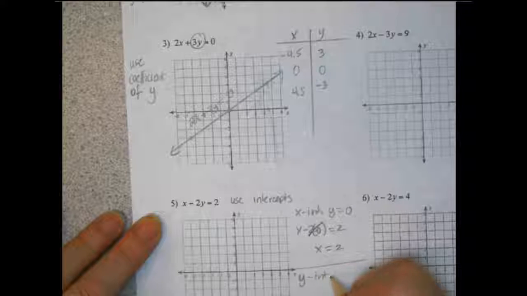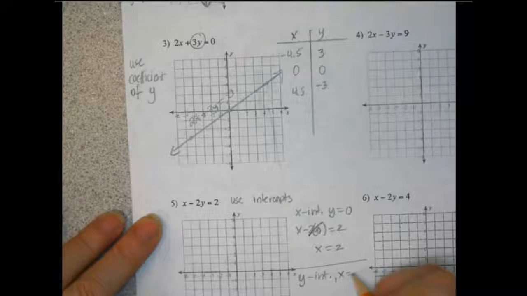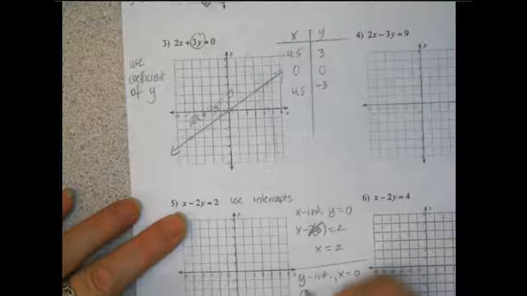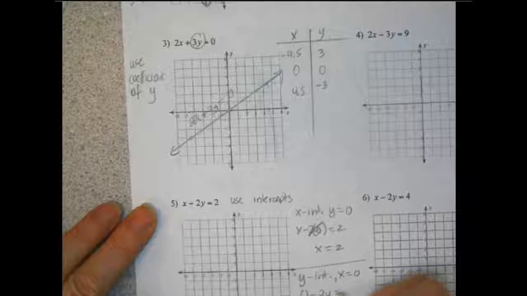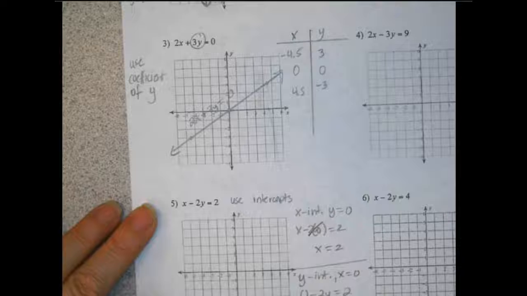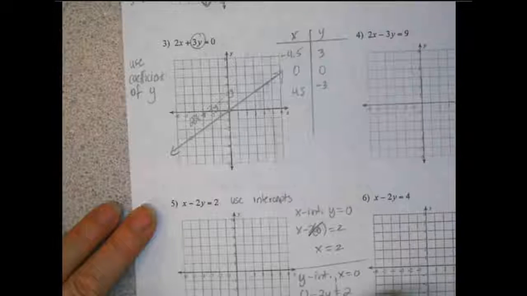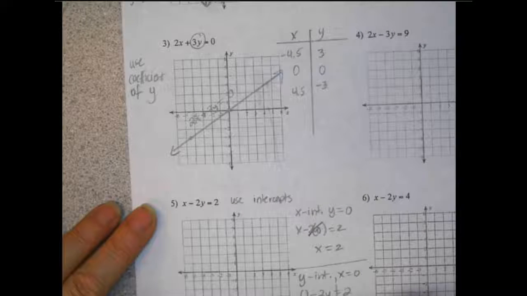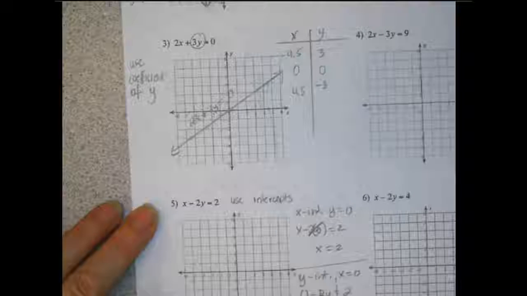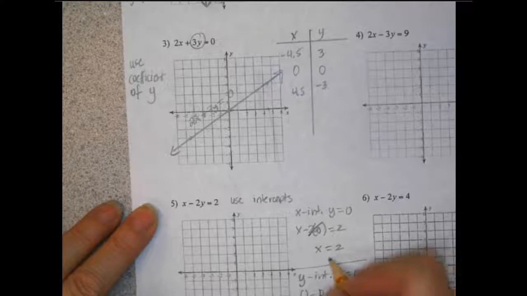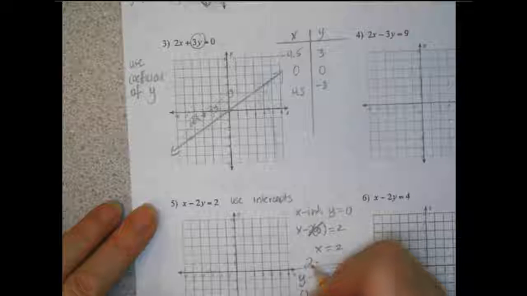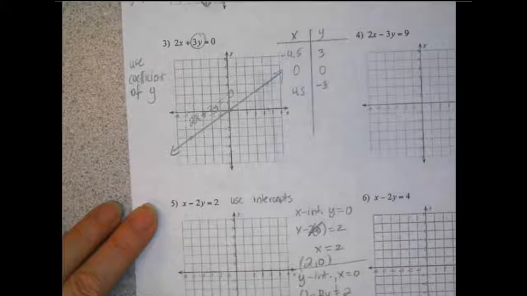Y-intercept, when x is 0, we're going to rewrite it. 0 minus 2y equals 2, right? I'm going to divide by a negative 2 both sides. Y is going to be equal to a negative 1. So here, I'm going to have 2, 0. This ordered pair is going to be 0, negative 1.